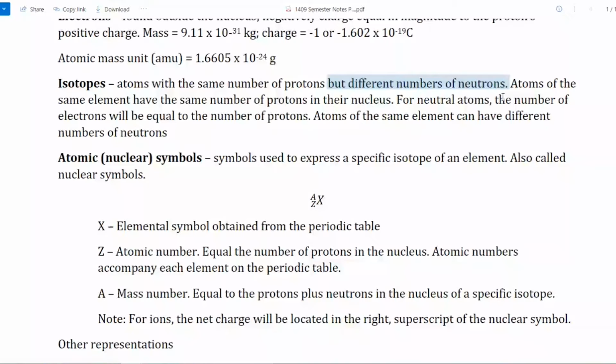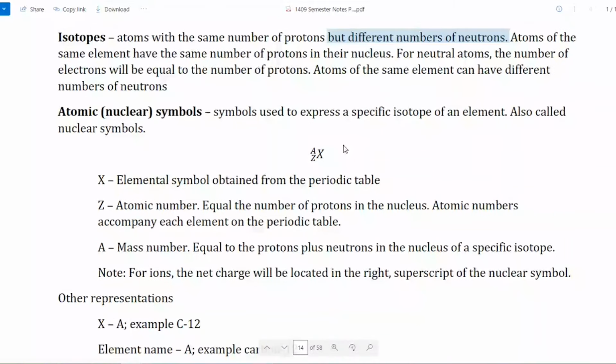So you have carbon is made up of carbon atoms, but carbon atoms in the universe can be different. Not every carbon atom is going to be the same. They can be different because they can have different numbers of neutrons. And those are what are called isotopes.